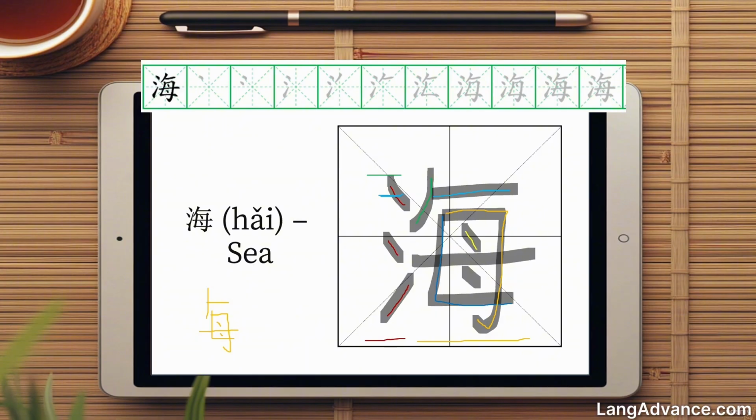And now we need to put some cupboards or shell or whatever will help you to memorize it. And then we have a dot right here. Just make sure that this line that separates has to be long enough. And finally, you have this dot right here.